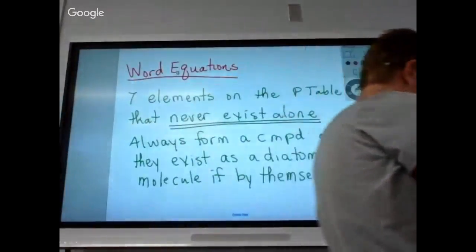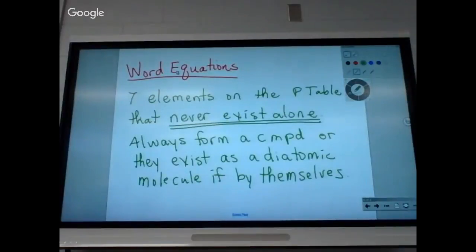So there are 7 elements on the periodic table that just don't exist alone. Their electrons are such that they will not exist separately. So they either form a compound with a different element or they bond to another atom of themselves.